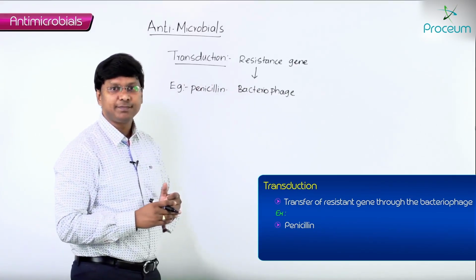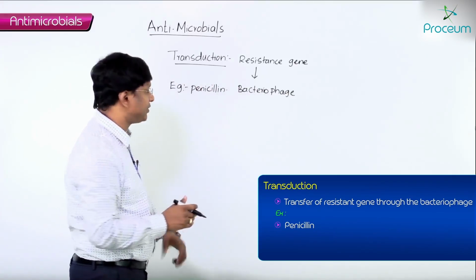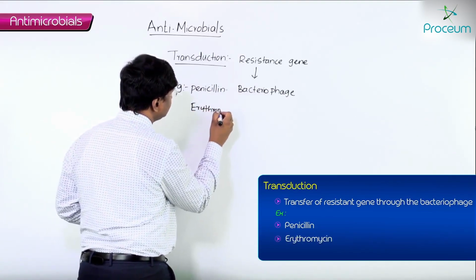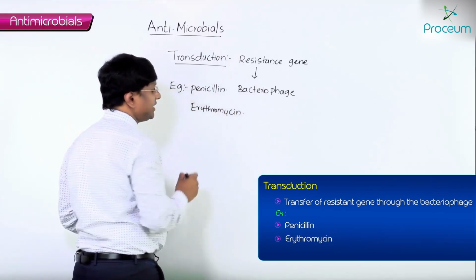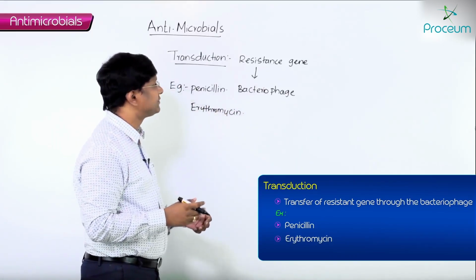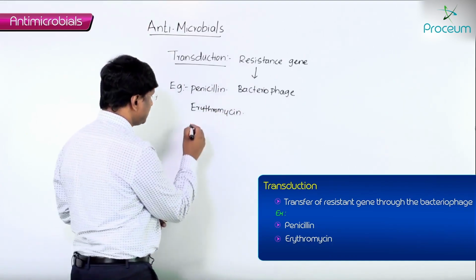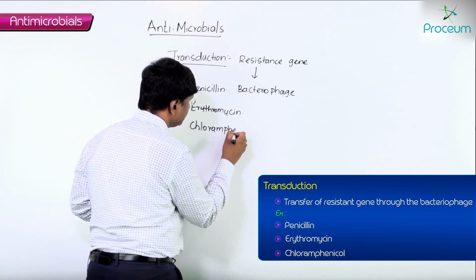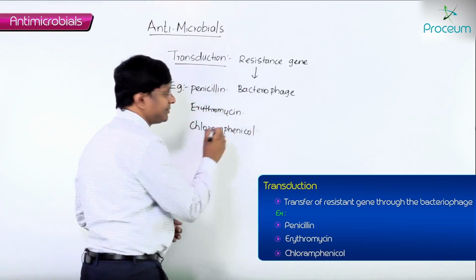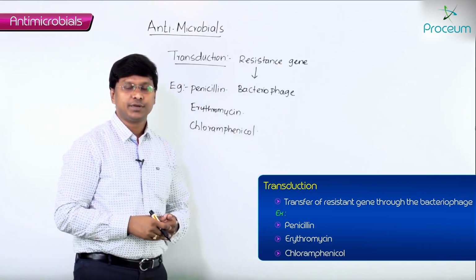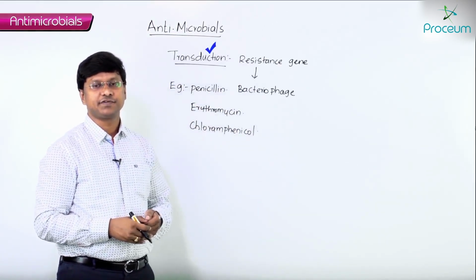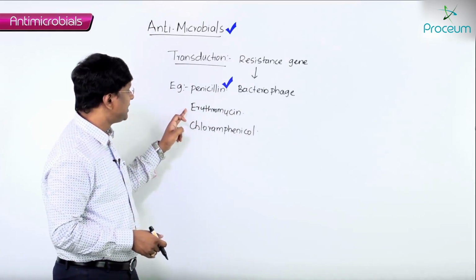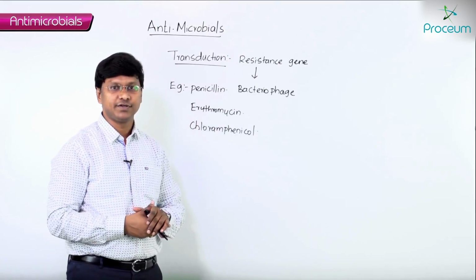Apart from penicillin, the other antibiotics like erythromycin will develop resistance via transfer of gene through transduction, and the other antibiotic is chloramphenicol. So remember, transduction is the transfer of resistance gene through bacteriophage. The antibiotics are penicillin, erythromycin, as well as chloramphenicol.